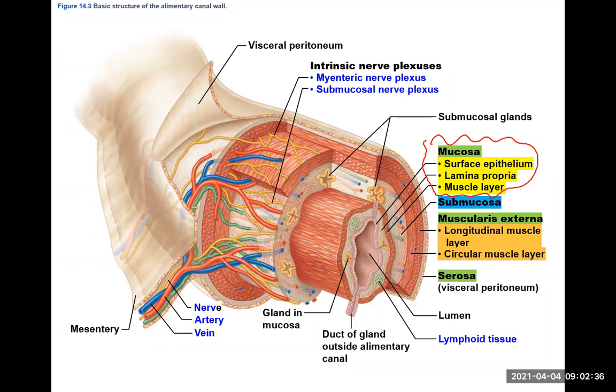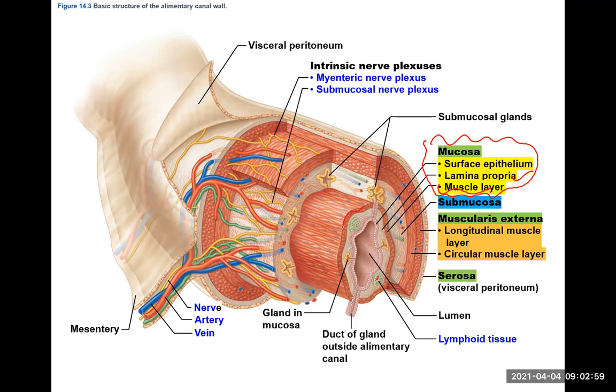Then we have a loose connective tissue called the lamina propria, where you will find all the glands and the lymphoid tissue. And then we have a layer called the muscularis mucosa, which is a muscular layer present over here. That's what we learned in the previous class.